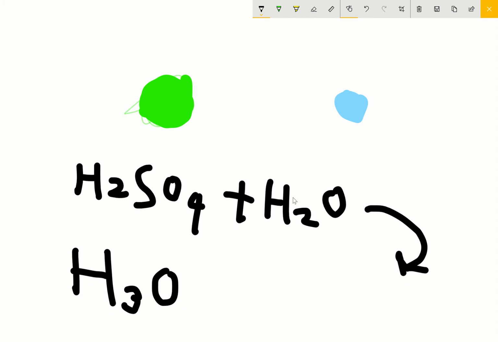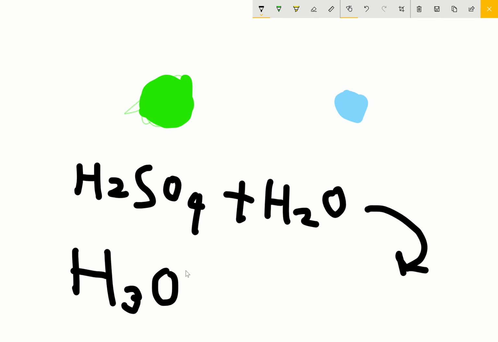But where did the H come from, you may be asking. This H actually came from the H2SO4. The H here just comes over here and makes it H3O, because that's what needs to happen in the ionization of acid and water.